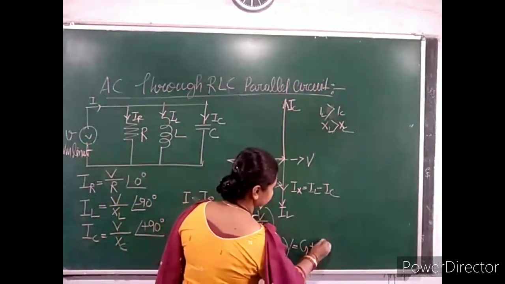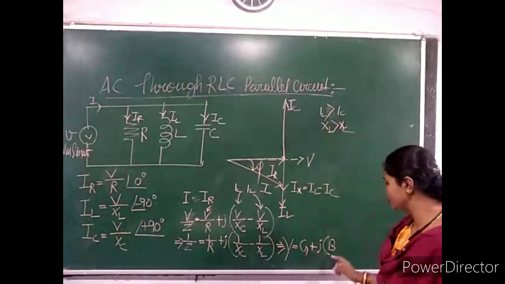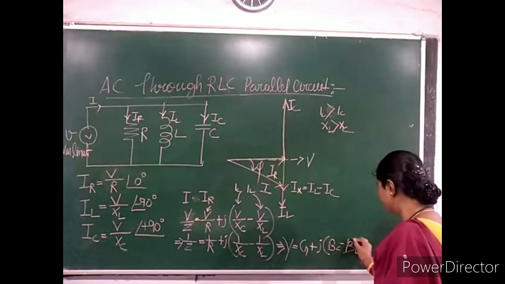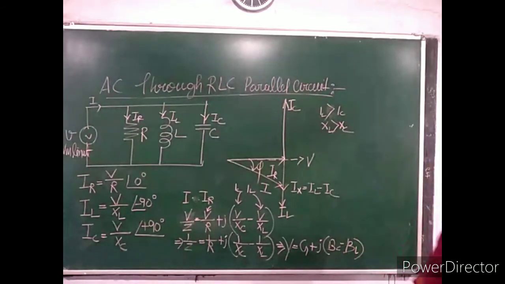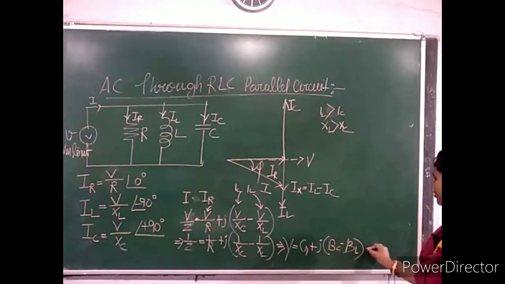It is j times the susceptance due to capacitive reactance minus the susceptance due to inductive reactance. This is capacitive susceptance, this is inductive susceptance. Or admittance is equal to G plus jB, total conductance plus total susceptance.